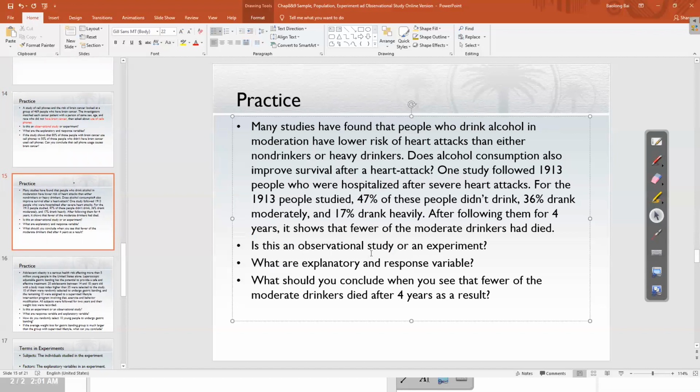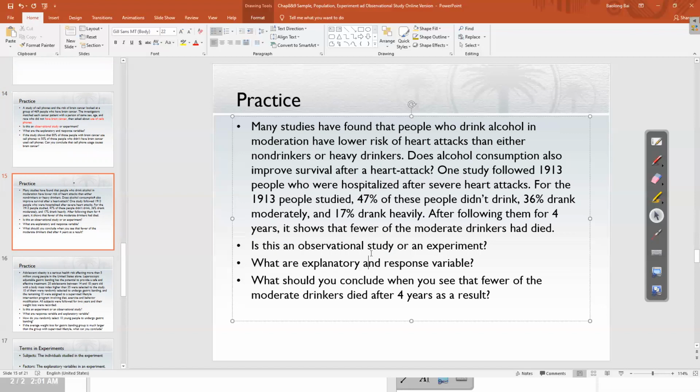And now the researcher is interested: does alcohol consumption also improve survival after a heart attack? So if someone has a heart attack, what will be the best way to help them survive? Not drink at all, drink a little bit, or drink heavily, right?